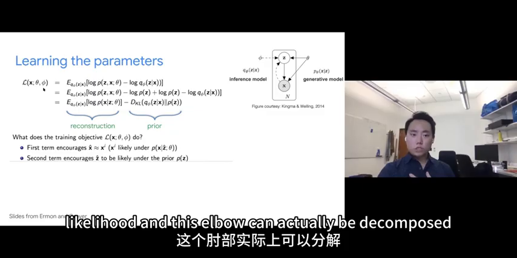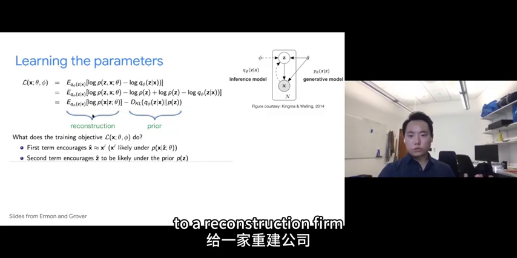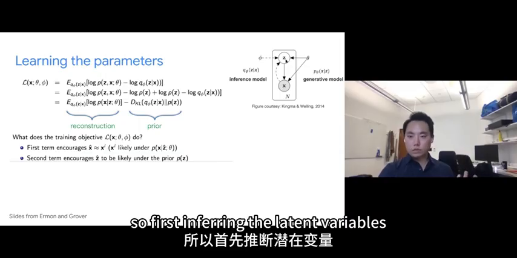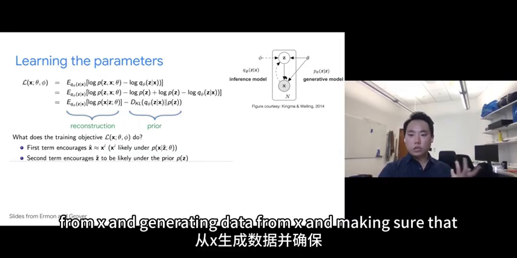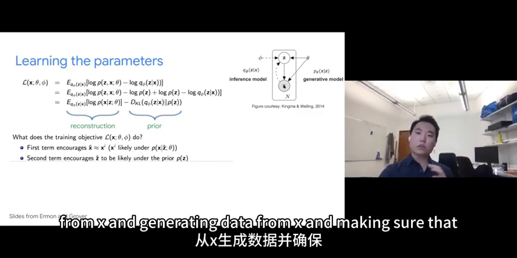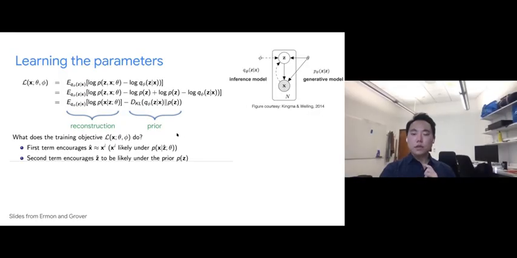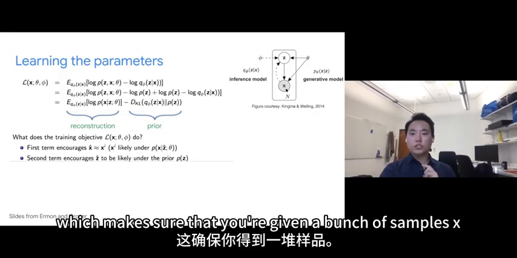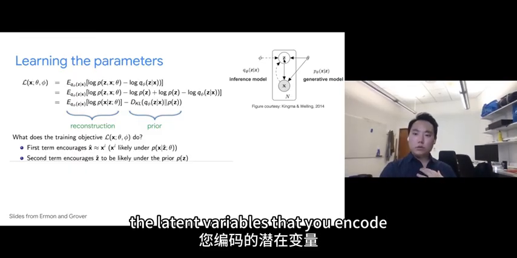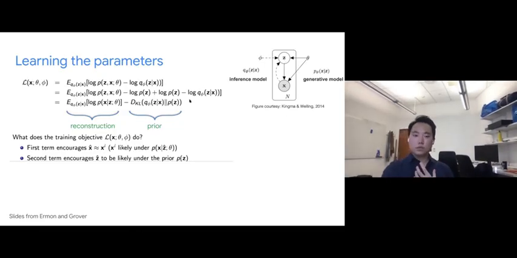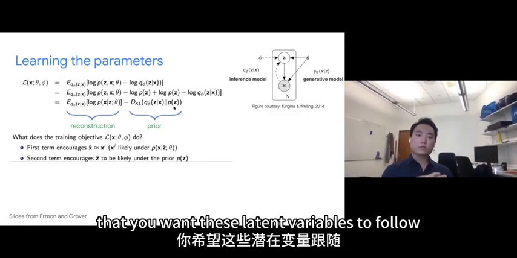And this ELBO can actually be decomposed into a reconstruction term through an autoencoder: first inferring the latent variables from x and generating data from them, making sure that x is of high log likelihood, as well as a prior term, which makes sure that given a bunch of samples x, the latent variables that you encode follow a similar distribution to the prior that you want them to follow.